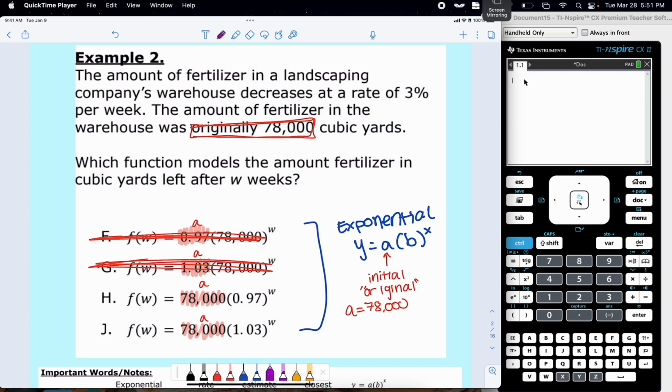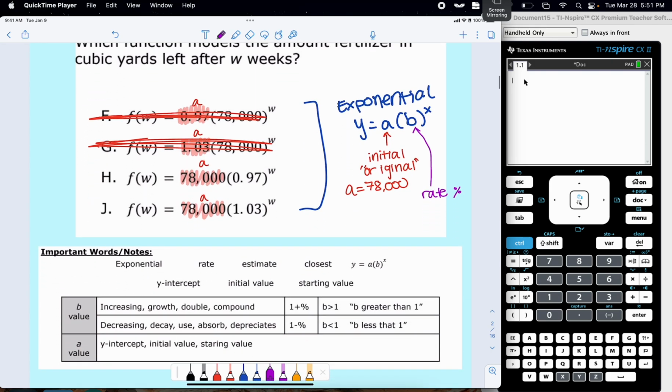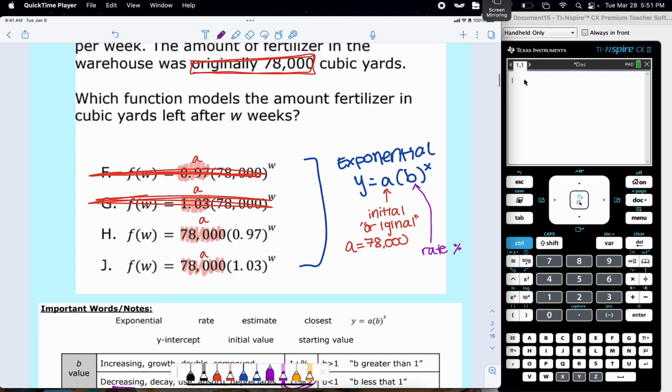So now we are looking at our b, our rate. To find our rate, we have a percent. Remember, our percent is our rate. It says rate of 3%, but it also says decreases at a rate. If we look at these decimals, we know that none of them are 3%, but we know that when it's decreasing, we have to do 1 minus the percent in our calculator.